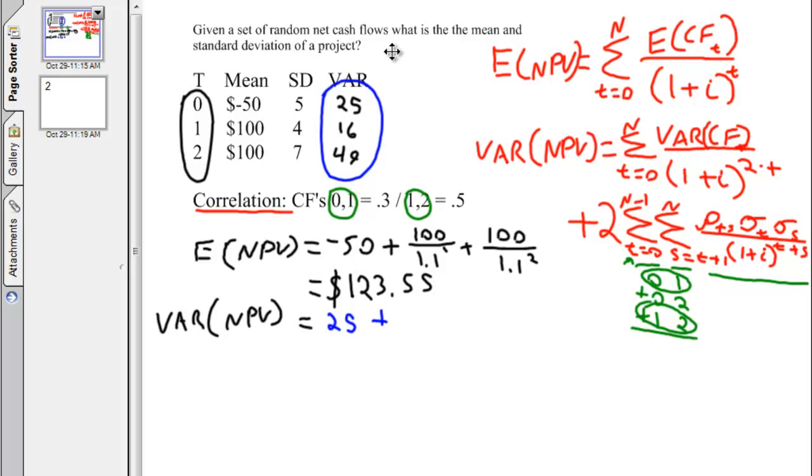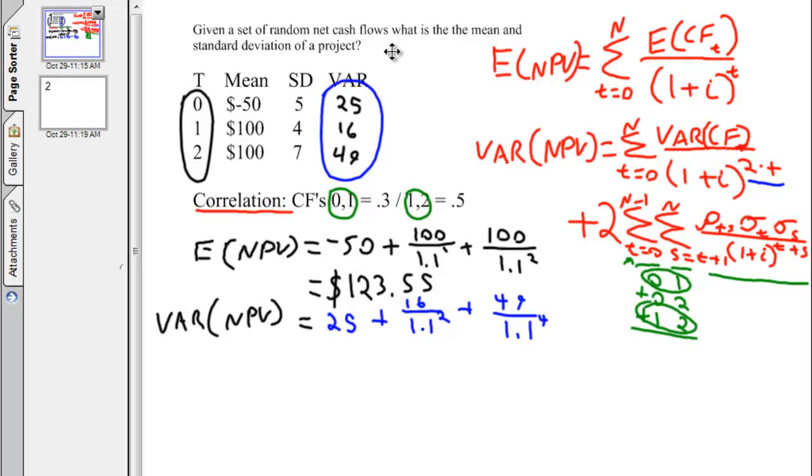So we have 25 plus 16 divided by 1.1 raised to 2. And why is it raised to 2, you might ask? Don't forget that over here the exponent in the variance calculation is 2 times t. And then in kind, we have 49 divided by 1.1 raised to 4.